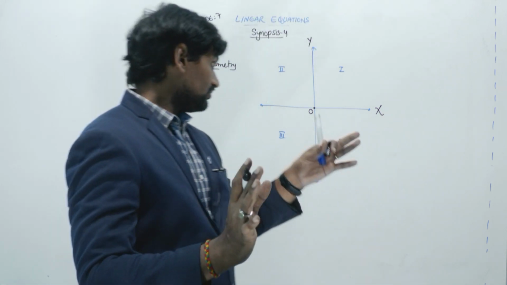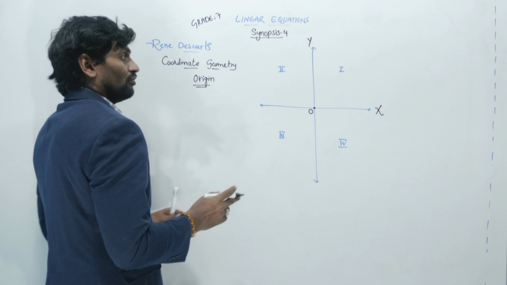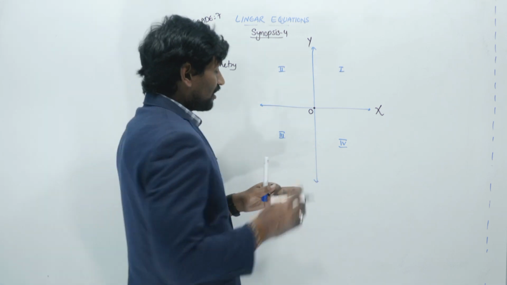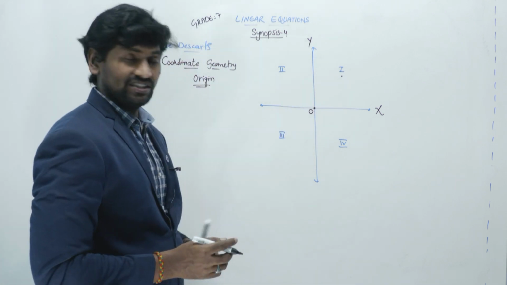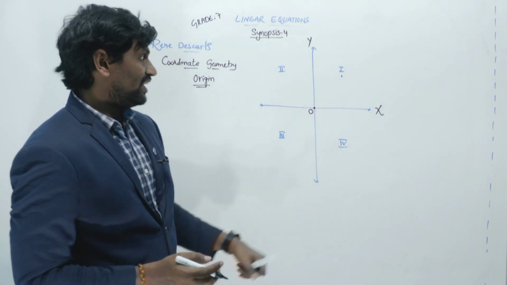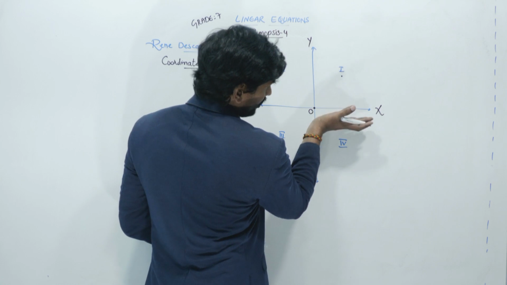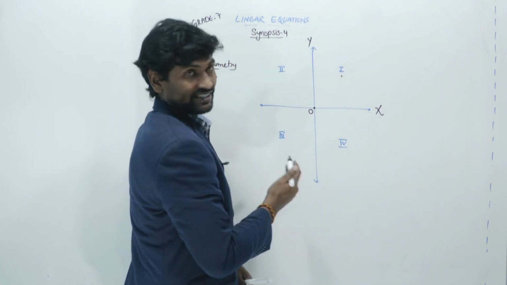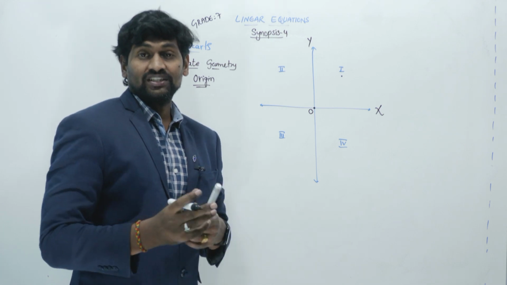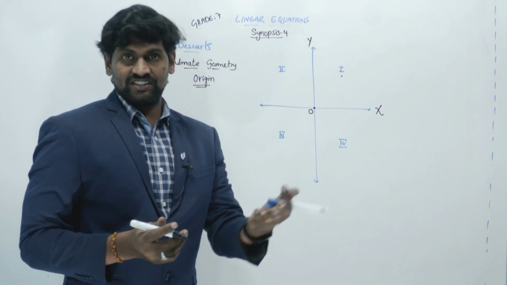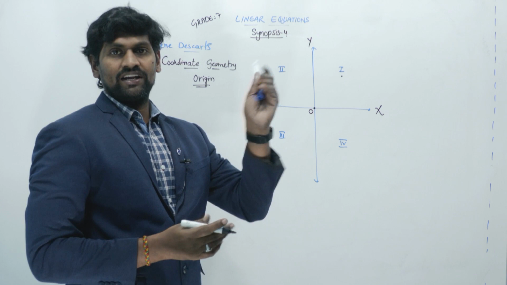Now, to locate or find the position of a point like this, we take how much distance the point is from the x-axis and how much from the y-axis, by using the coordinates, nothing but the x value and y value.